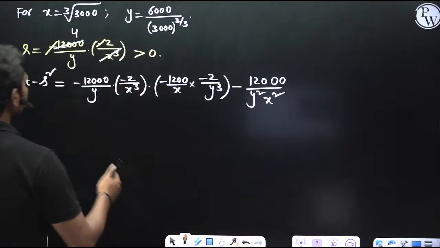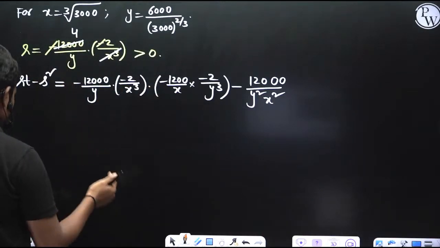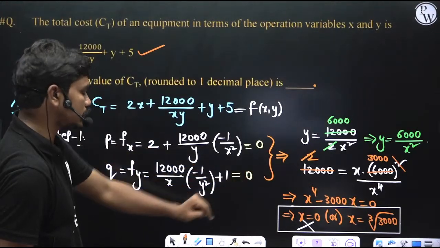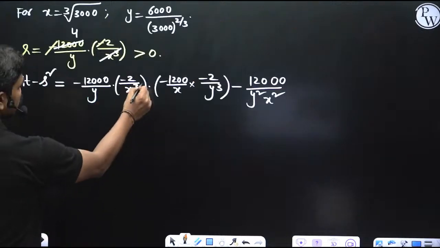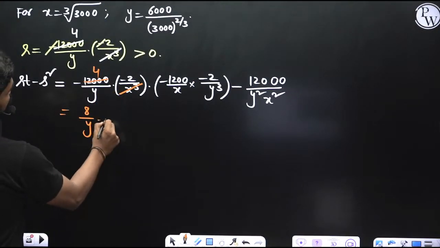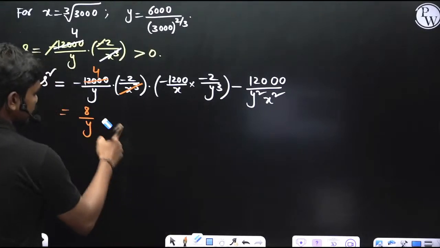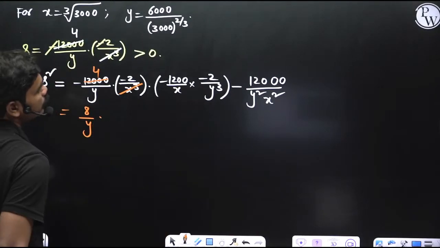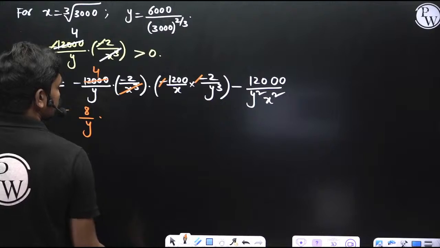If you place x cube equal to 3000, which is one solution, this makes 4, so 8 by y into 2400. But what about y cube?